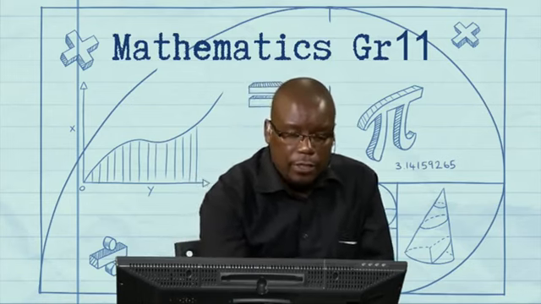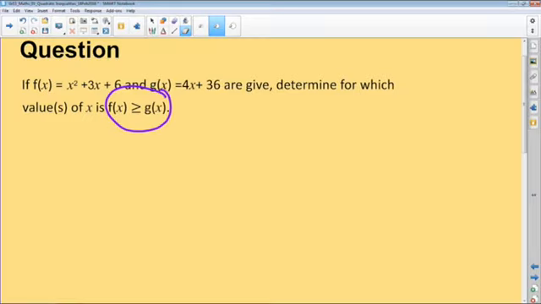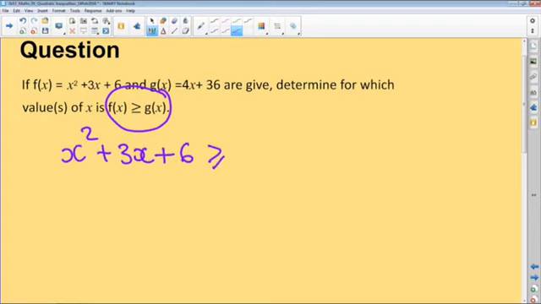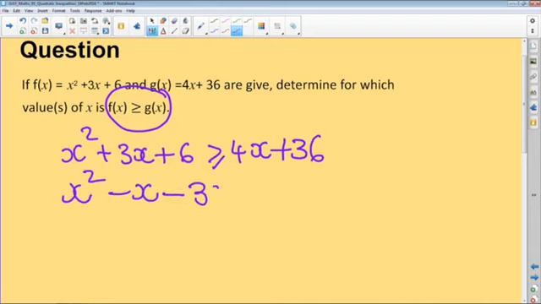Now, for instance, you've got your x squared plus 3x plus 6 is greater or equal to 4x plus 36, right? Then you work it out. This will be your x squared minus x minus 30 is greater or equal to 0. So after working out, you then factorize. This will be greater or equal to 0.